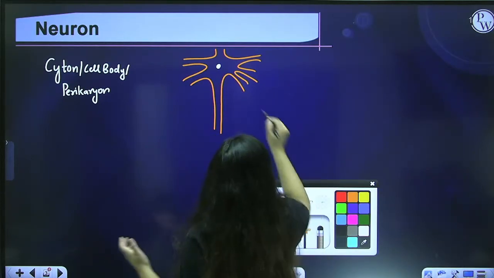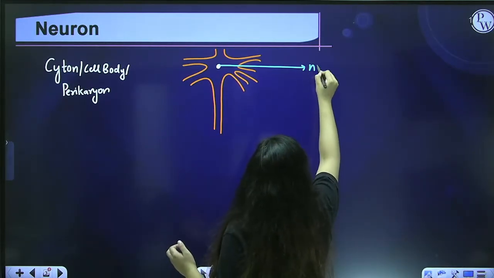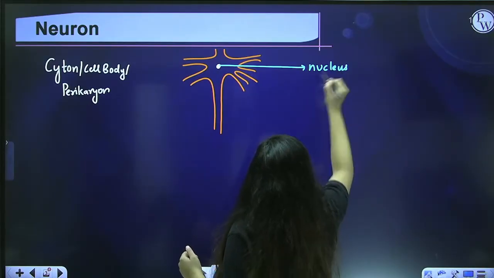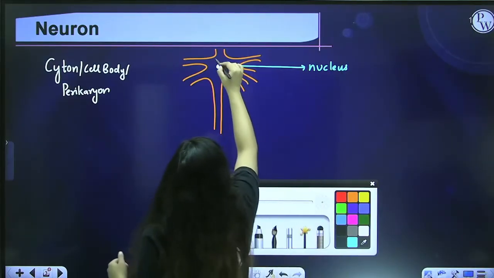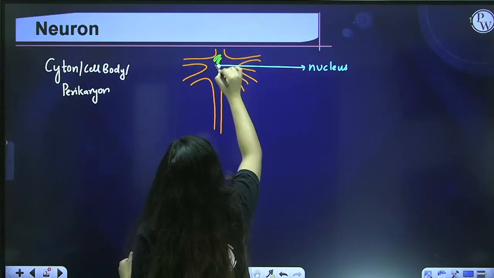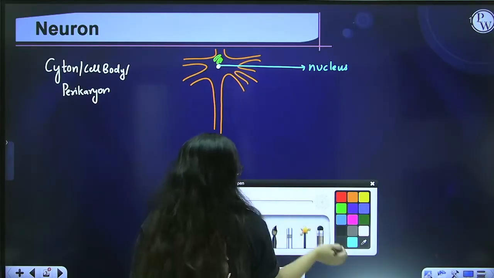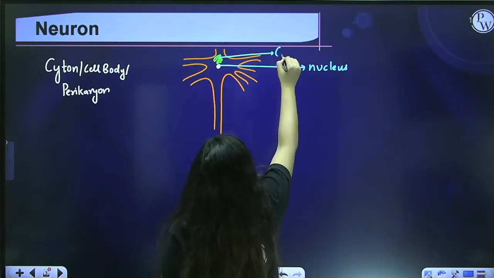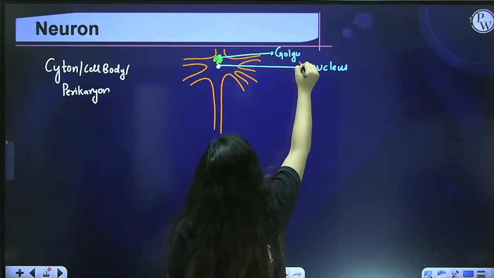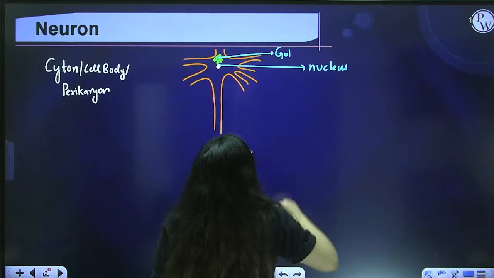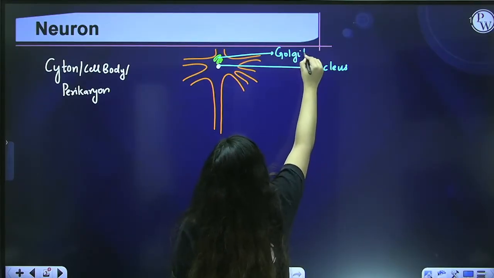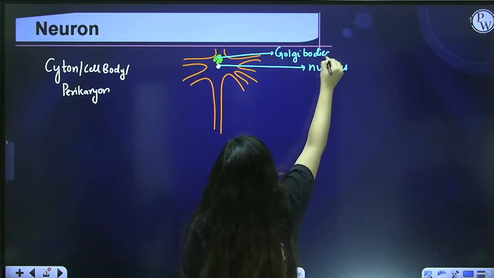Just like a normal cell, the cyton of your neuron will have a nucleus. It will also have organelles like Golgi bodies. These are Golgi bodies.